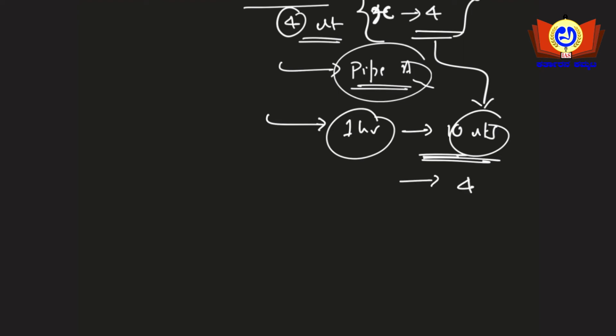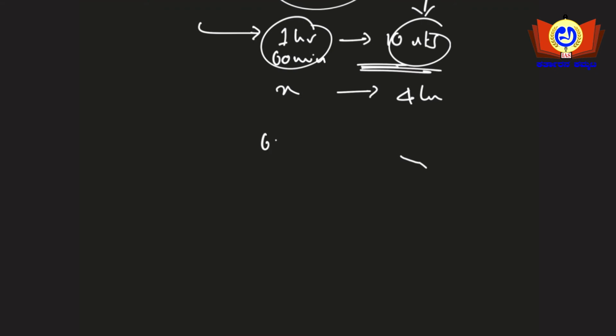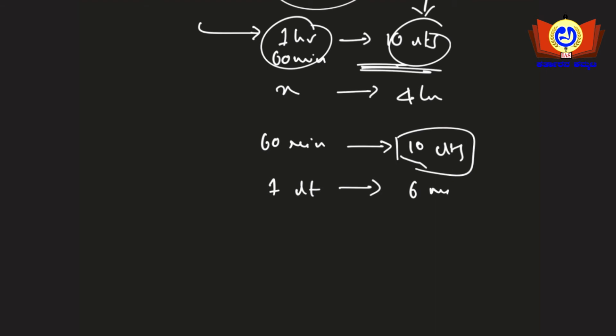So to fill 4 liters, how much time will be taken? 1 hour can be written as 60 minutes. So for 60 minutes, 10 liters of the tank can be filled. Then for 1 liter, what is the time taken? 6 minutes. Similarly for 4 liters, 6 into 4, that will be 24 minutes.